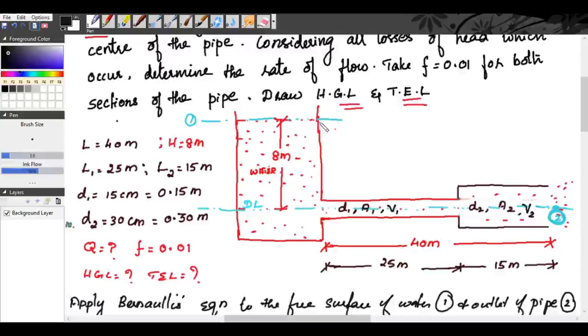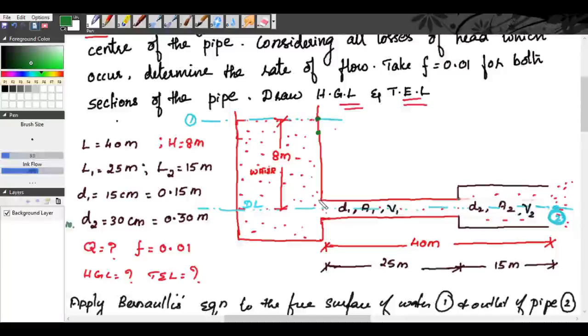So at A, that is at the free surface of water, the total energy is 8 meter. At the entrance, there is a loss of 0.5 meter.